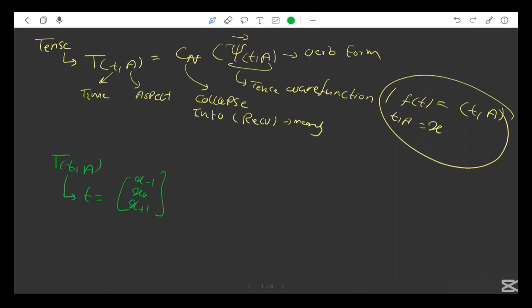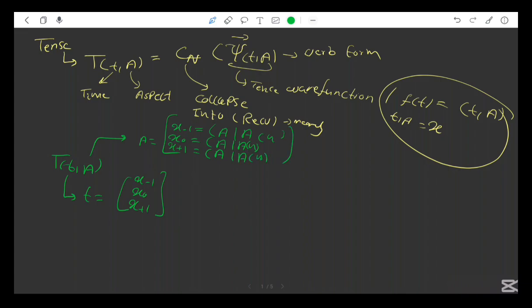And the A has its own specific part: x sub minus 1 equals A, such as A has 4 parts. And x sub 0 equals A, such as A has 4 parts. And x sub plus 1 equals A, such as A has 4 parts.